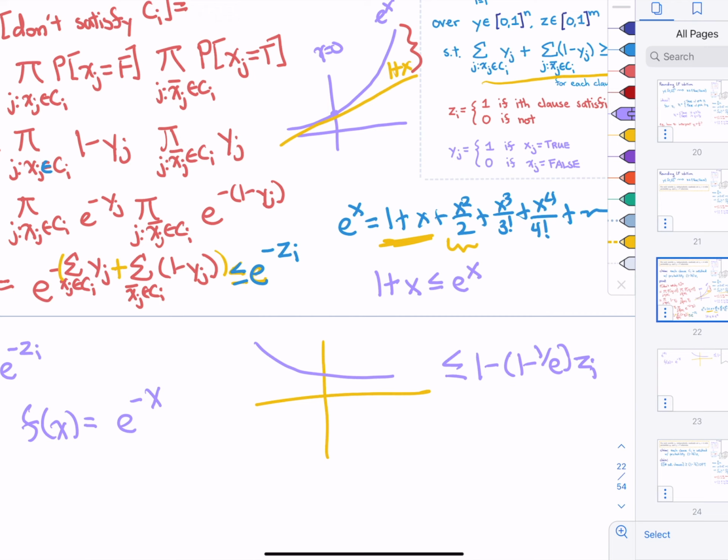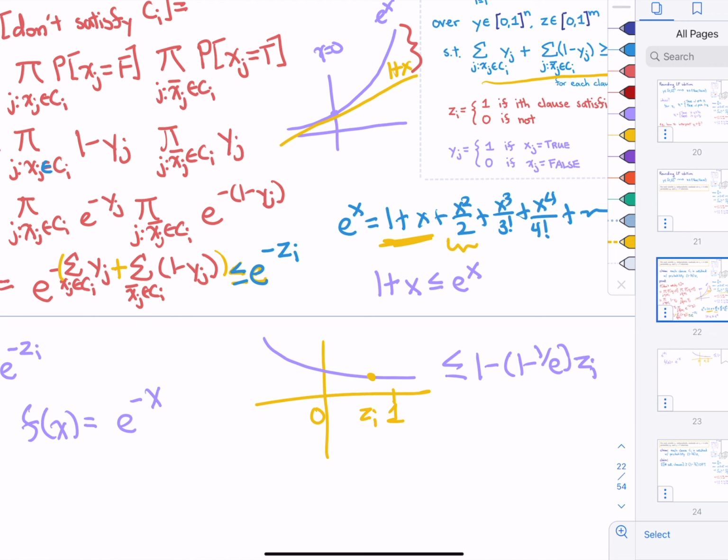Okay. So let's see, e to the negative, all right, zi is maybe somewhere here. Maybe this is 1, this is 0, and this is zi.